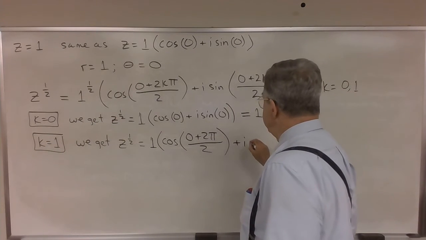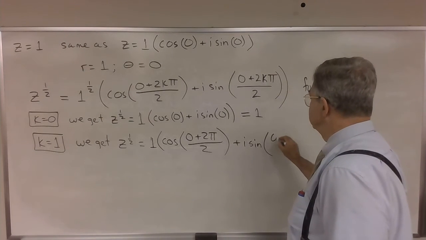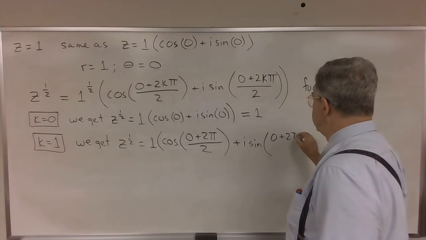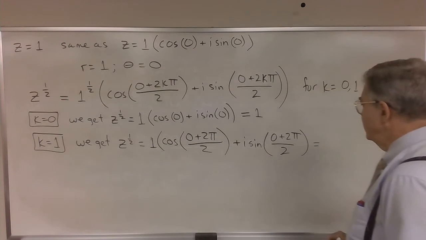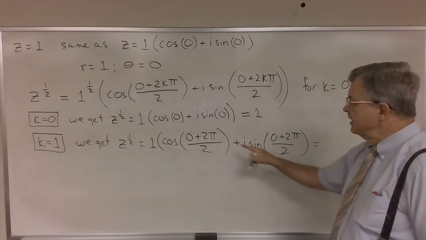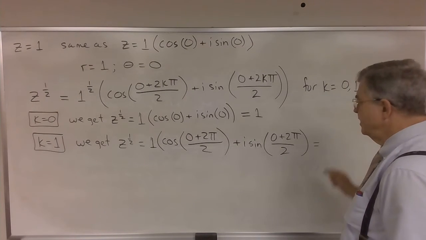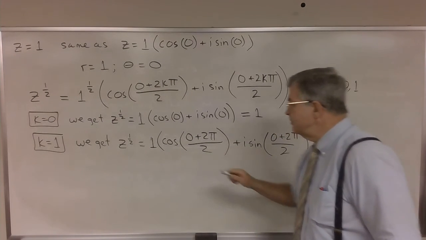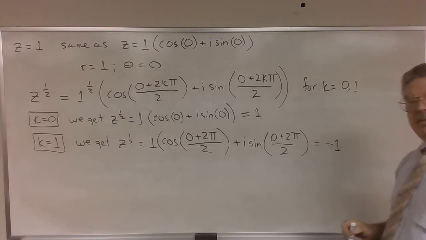And we get i sine 0 plus 2 pi over 2. Okay, sine of pi, 0. Cosine of pi, -1. So we get 1 times -1 is -1.